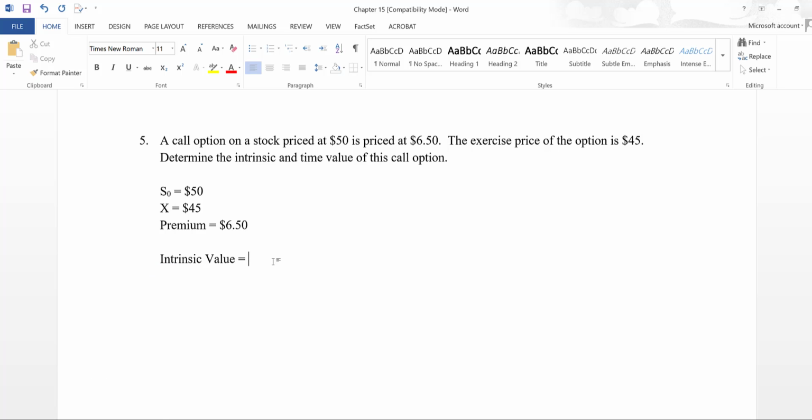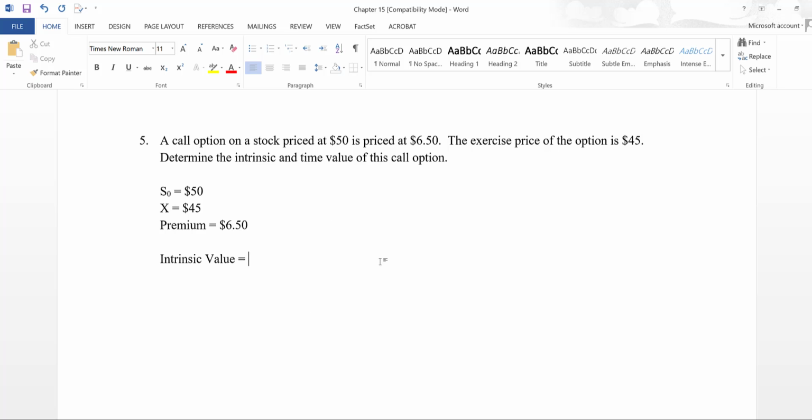So how do we define intrinsic value? If you recall from our chapter 16 lecture, the first thing that you need to determine is whether the option is in the money or not. When we say in the money, all we are looking at is if you were to exercise the option right away, when you're looking at these prices, would the payoff from that option be positive?